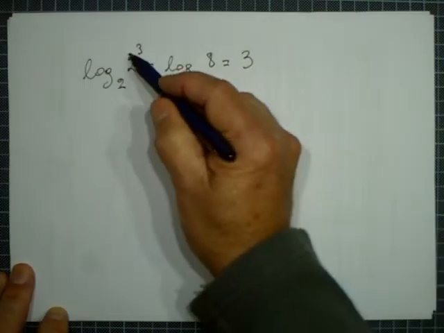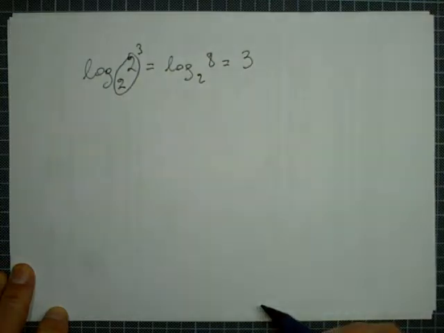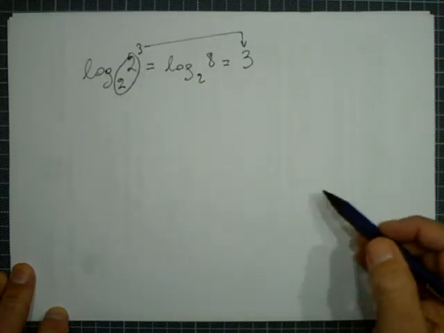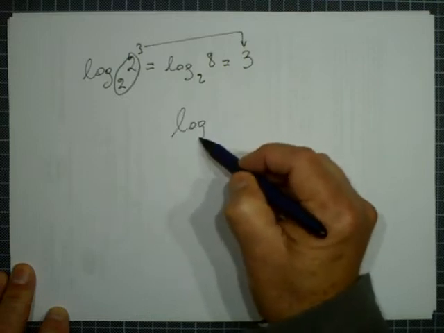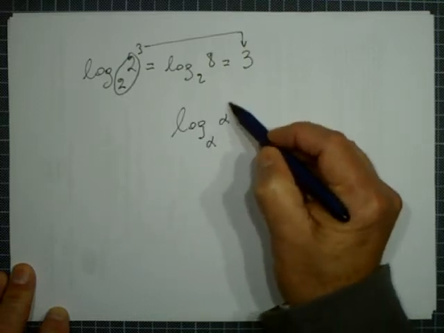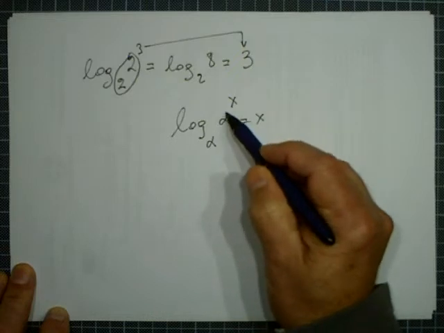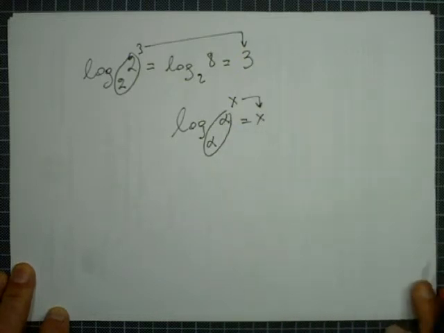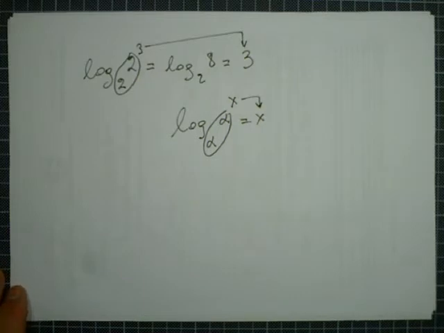Notice here that these two numbers are the same. In this case, the result is this number here. Generally speaking, log a of a to the power of x is x. As these two numbers here are the same, the result is always x. This is the first property of logarithms.